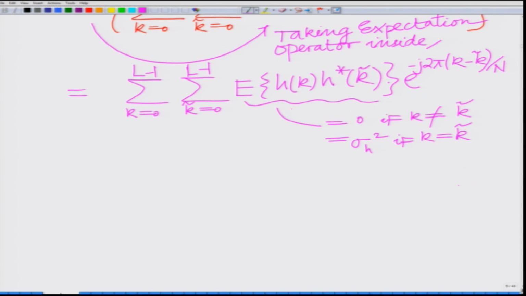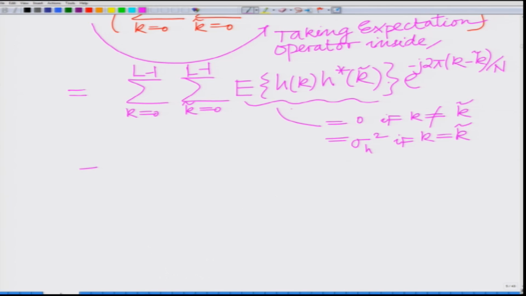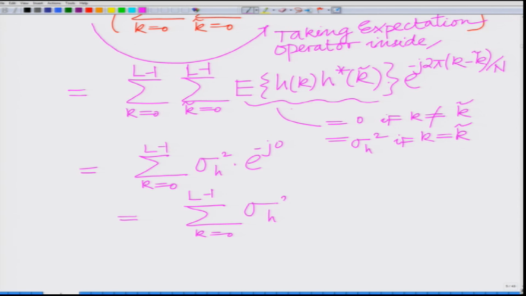Hence, the only terms which survive are the ones in which k is equal to k tilde, again similar to the previous derivation. Therefore, this will again be summation k equals 0 to L minus 1 sigma h square, again e to the power of minus j 0, equals summation k equals 0 to L minus 1 sigma h square, which is L times sigma h square.